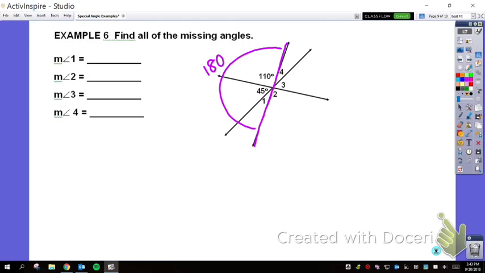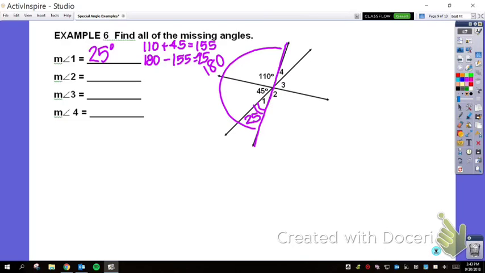To find angle 1, this angle right here, we would have to add 110 plus 45 to get 155. And then we would say 180 minus 155, which gives us 25 degrees. So angle 1 equals 25 degrees. Those angles would be called supplementary because it's three angles that add to 180.